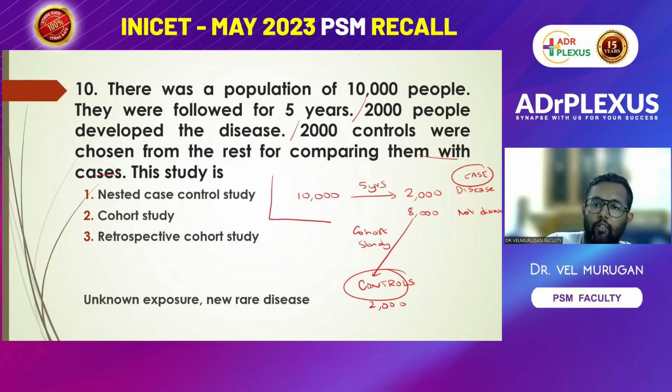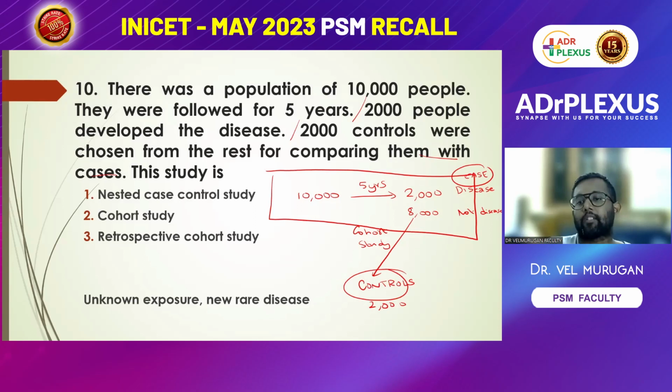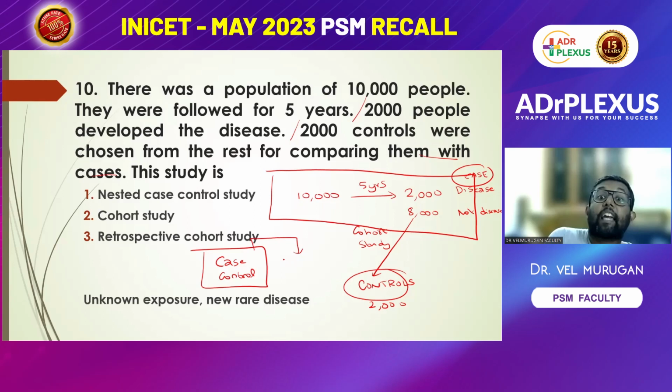Till here it was a normal cohort study, but now from the non-diseased people, they are taking some controls. When they do a case control study inside a cohort study, it is called a nested case control study, nesting a case control study inside a cohort study.